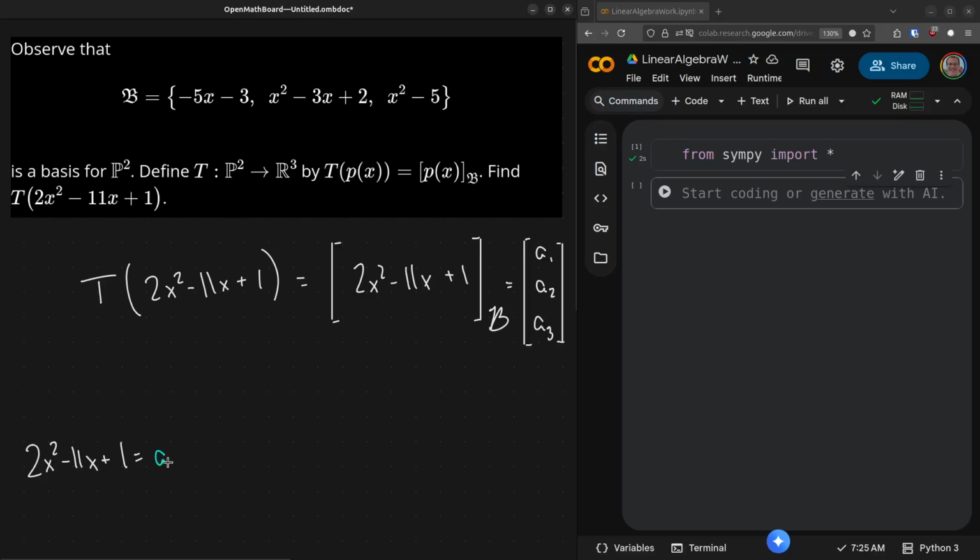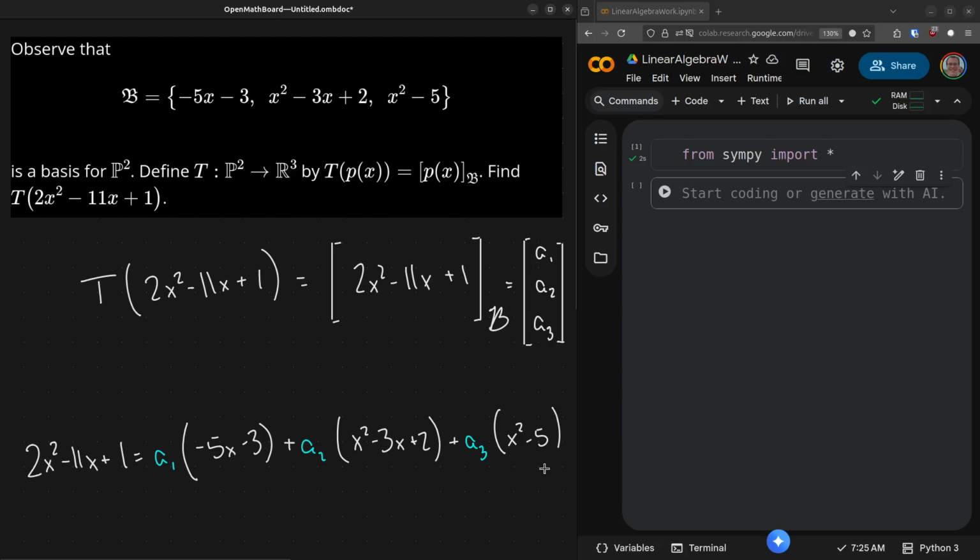So let's do A1 times the first vector in the basis, plus A2 times the second vector in the basis, plus A3 times the final vector in the basis.